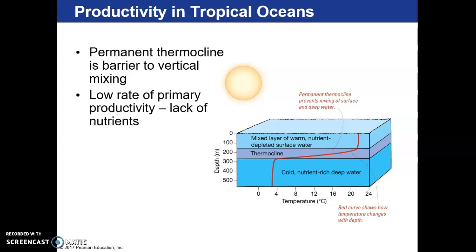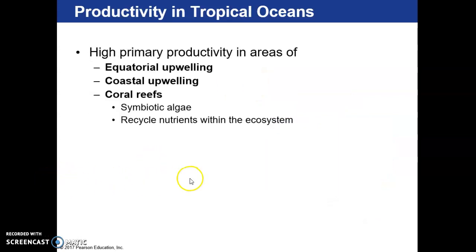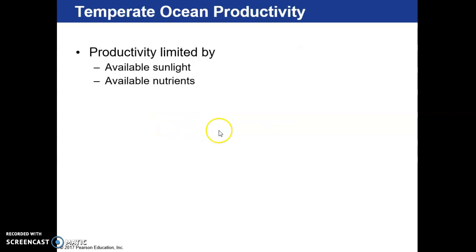And so this lowers the productivity of the area, except we get that upwelling in certain areas. So that helps out in the tropical areas. Your areas of upwelling are your equatorial upwelling that just happens due to currents, and then your coastal upwelling when it runs into land. You also have coral reefs in the tropical oceans, which help recycle nutrients, and they also are symbiotic with algae, so that helps the productivity levels in the tropical ocean.